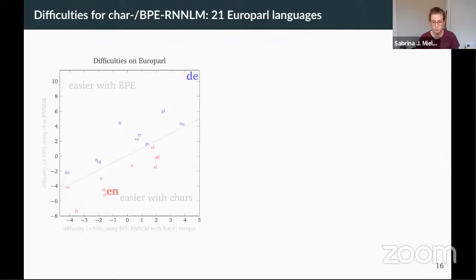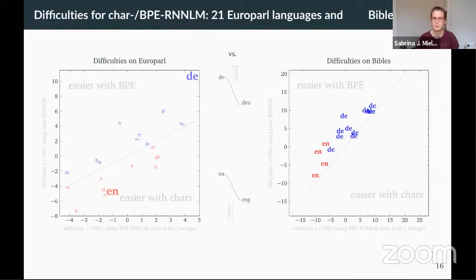So that's Europarl, which is nice, but now we want to look at the Bibles. What's really cool about the Bibles is that the line drawn is just the identity, which says that the difficulty under both models should be the same.